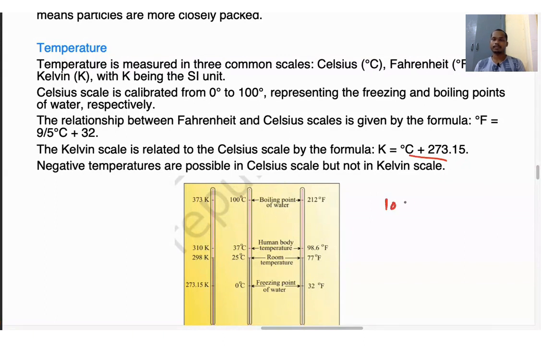If there is 10 Celsius and we want to convert it into Kelvin, then it would be 10 plus 273.15. So 10 Celsius in Kelvin will be 283.15.